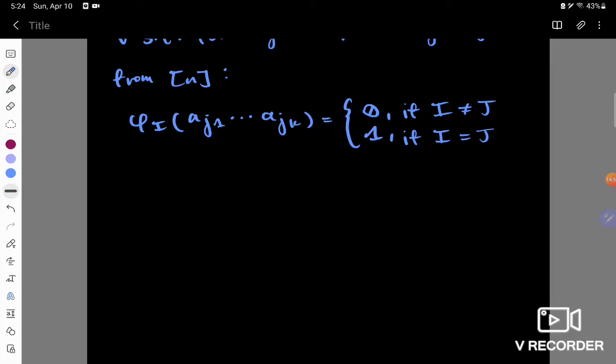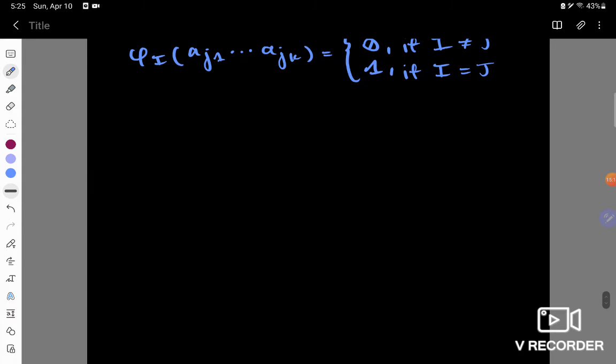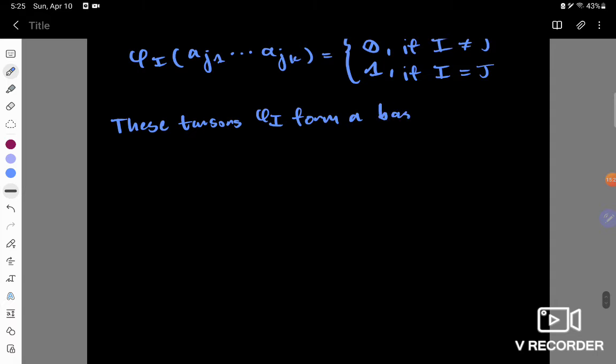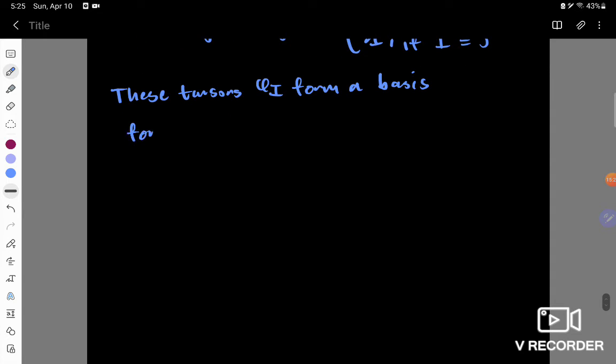And just like how one might construct the dual basis for the dual space, this is kind of a generalization of that, the space of all k-tensors L to the k of V, like that generalization we saw of the dual space, right? And of course, our final claim, these tensors phi sub I form a basis for L to the k of V. So how do we prove this?